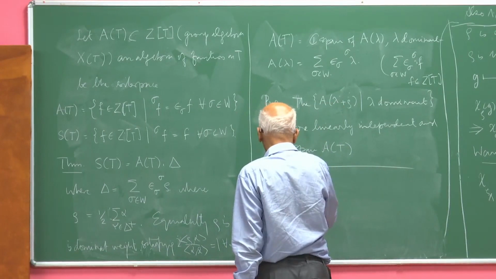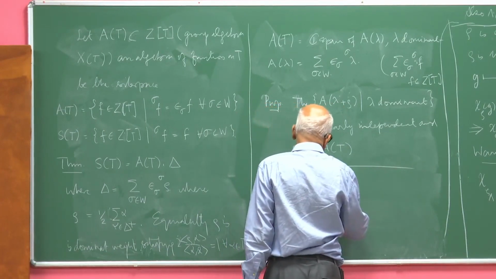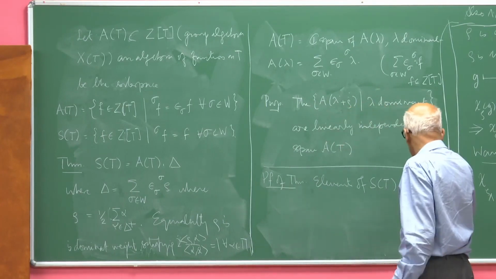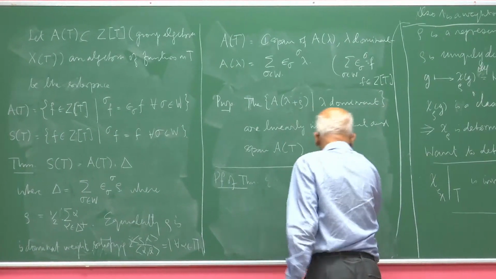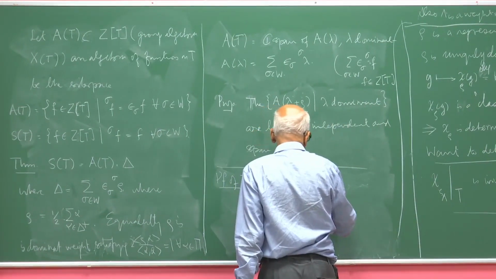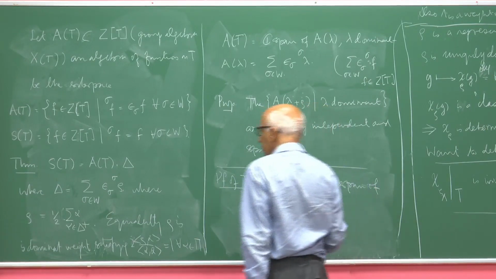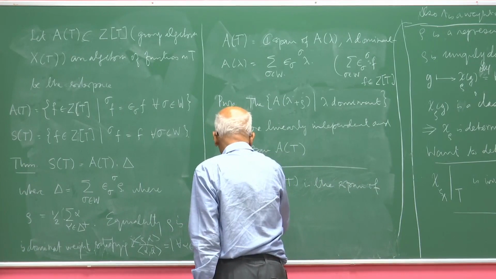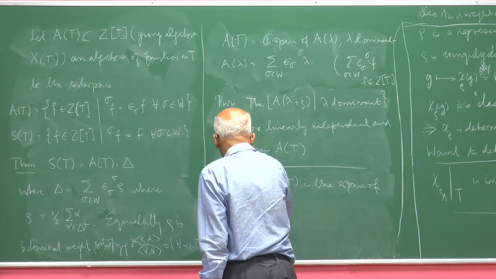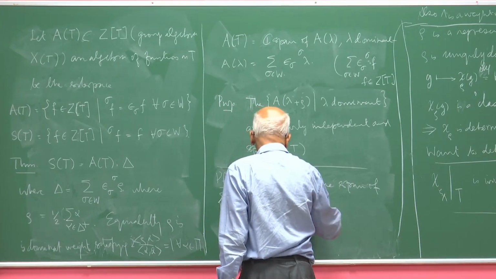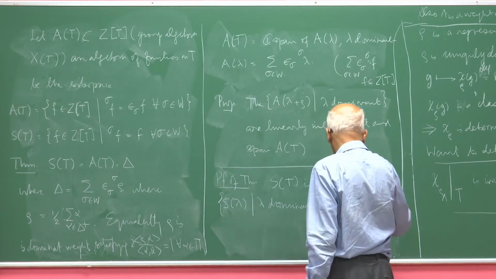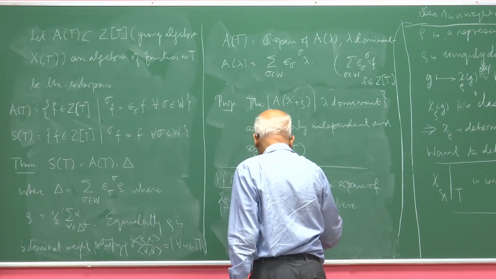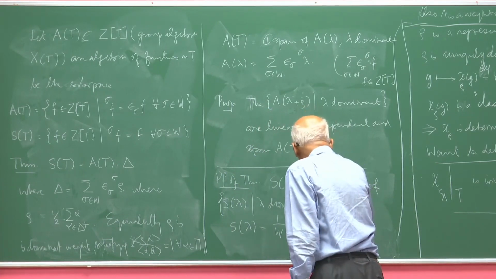Proof of theorem. Elements of ST, or if you like ST itself, let me write ST is the span of, I have not introduced that yet, S lambda, lambda dominant, where S lambda equals sum over sigma in W, 1 over W if you like, of sigma lambda.